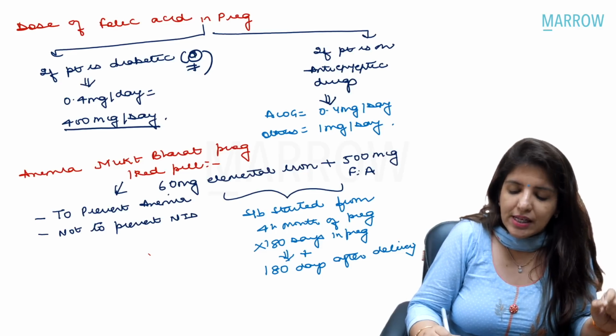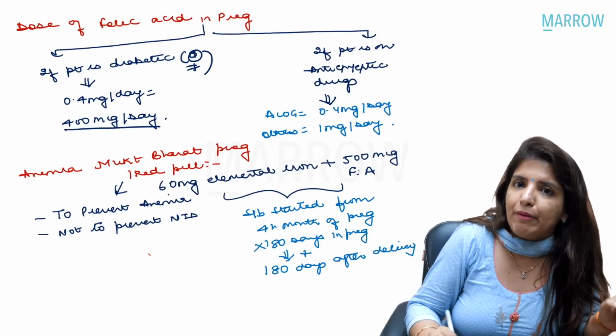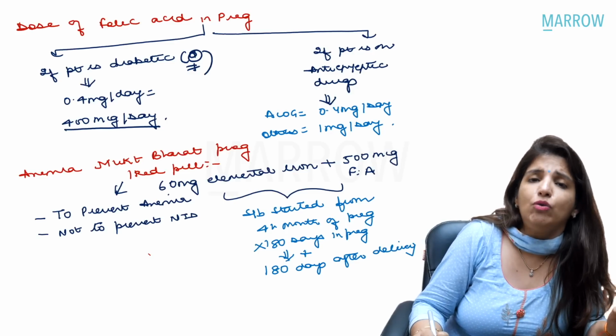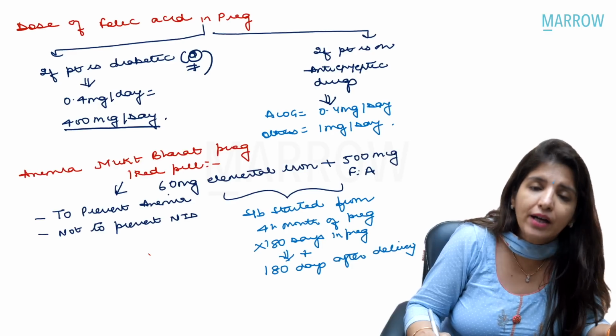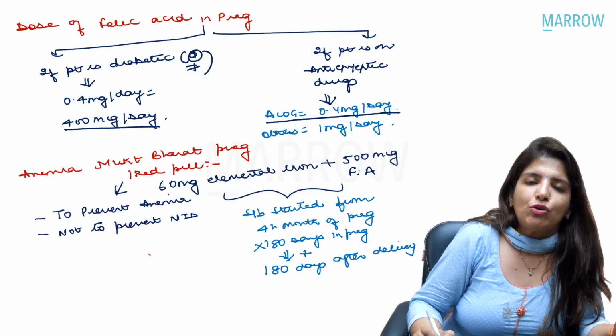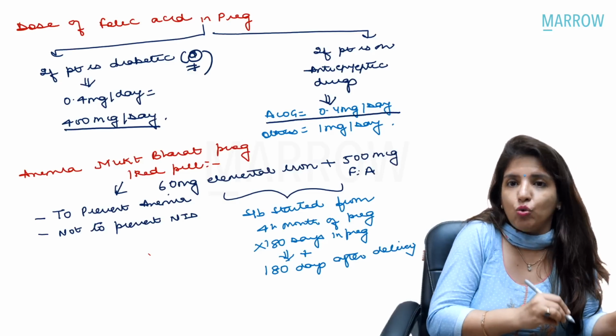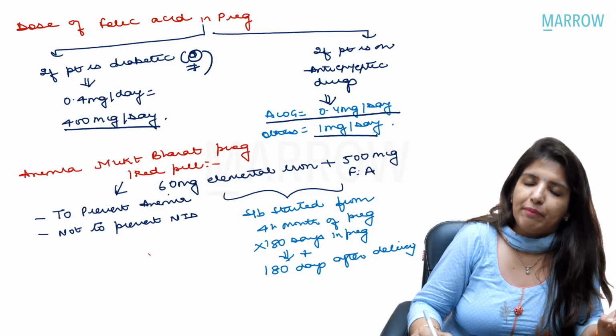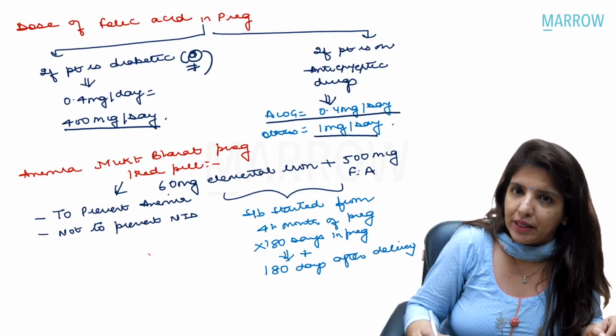In a pregnant female who is on anti-epileptic drugs, now this is an update. Any pregnant female who is on anti-epileptic drug, now the dose of folic acid is 400 micrograms as per ACOG. As per some other groups, it is 1 milligram per day, but it is never more than 1 milligram per day.